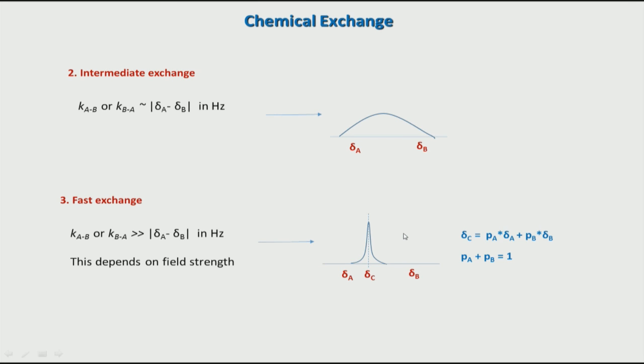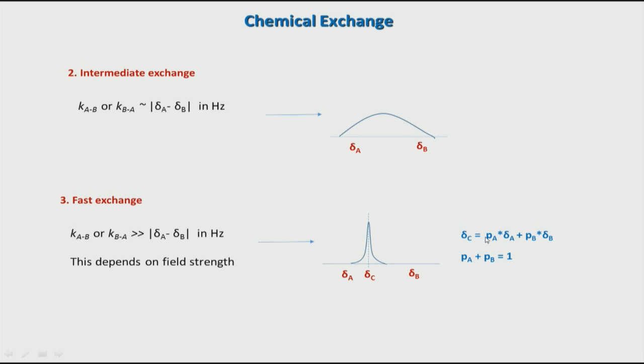That comes from your thermodynamics. Remember, in thermodynamics we use the word equilibrium constant, or dissociation constant and so on, where we characterize the population of the two different states. That population you can call P A and P B, or we can say it is a fraction because the total should be equal to 1.